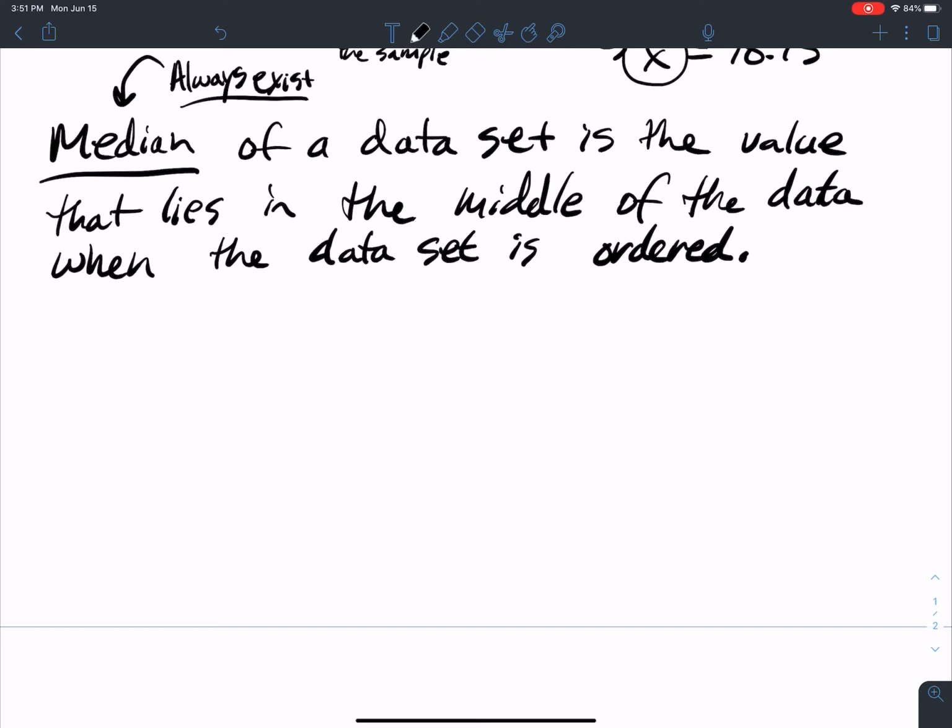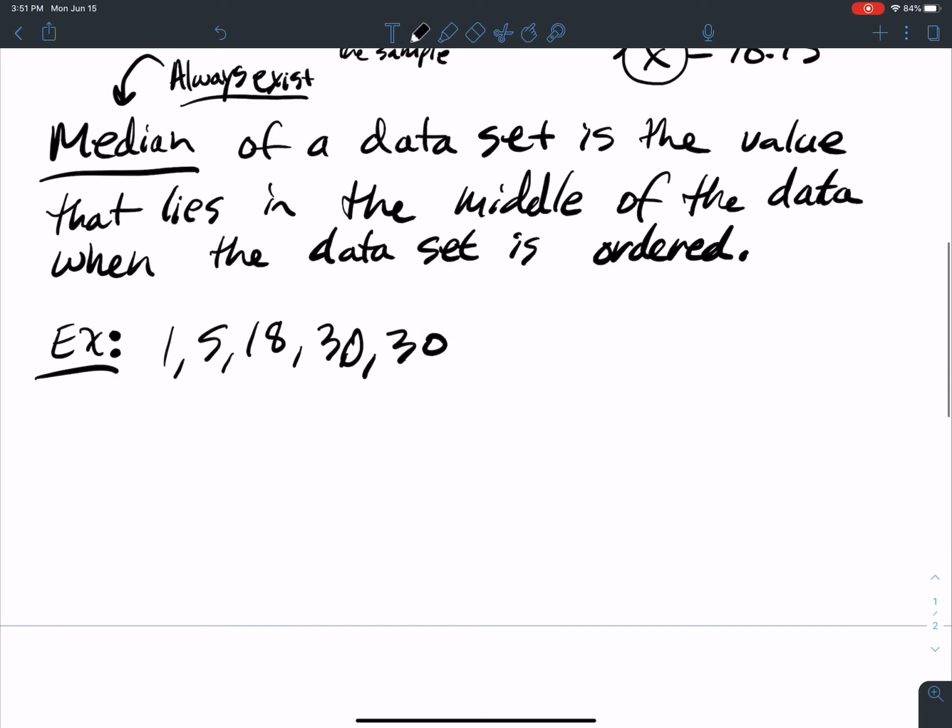So we'll take a data set here. Example: 1, 5, 18, 30, and then 30 again. Okay, this one is already in order for us. So the first thing I would do, step 1, is order least to greatest.